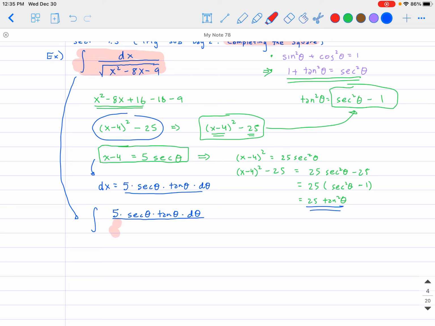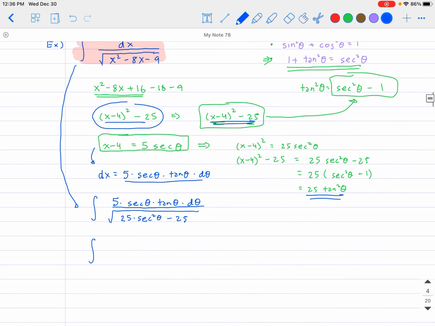So first, let me erase that, okay? So let's see, it's going to be the square root of, let's start from this form over here. So we're going to have 25 times the secant squared of theta minus the 25 that we had earlier.